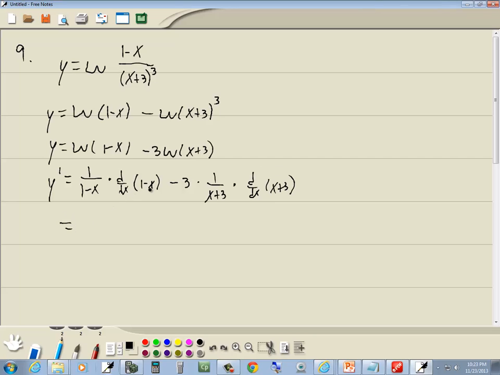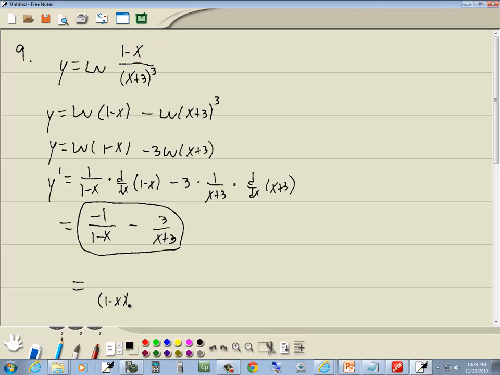Well, the derivative of 1 minus x is negative 1. My brain's shutting down. Apologize. Okay, minus, derivative of x plus 3 is 1, so it drops away. So minus 3 over x plus 3. Now again, this is the answer I'm happy with for the test. That study guide will go further. They'll get a common denominator.